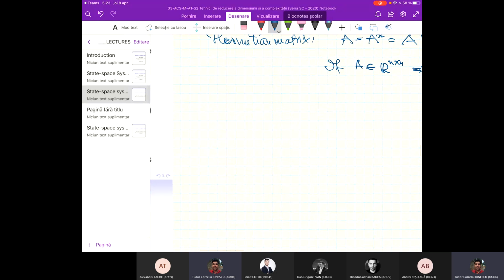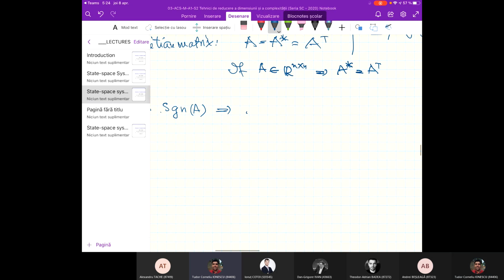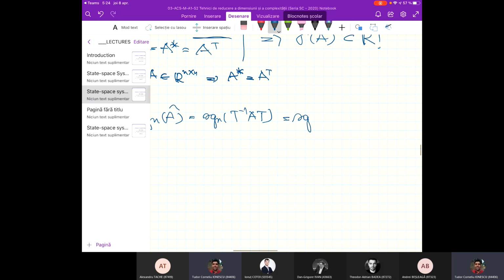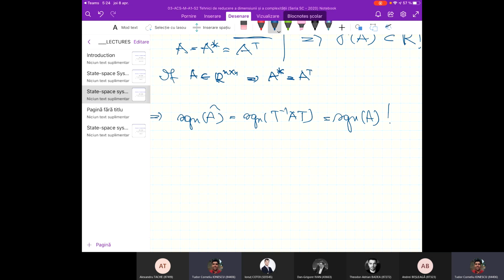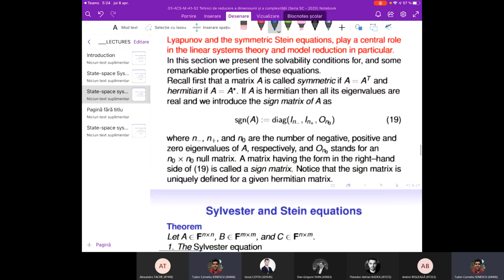What it says here is that if A is Hermitian and has sign of A, then sign of A hat, which is sign of T inverse A T, is sign of A. So sign is invariant to coordinate transformations.